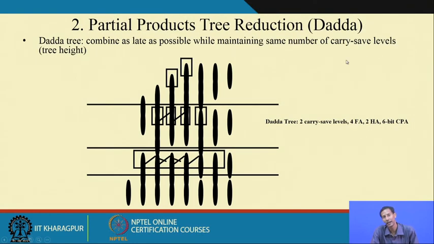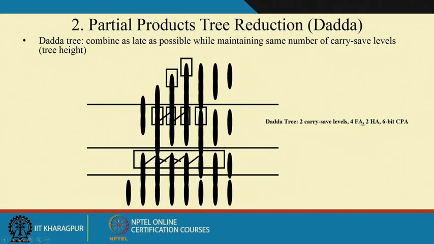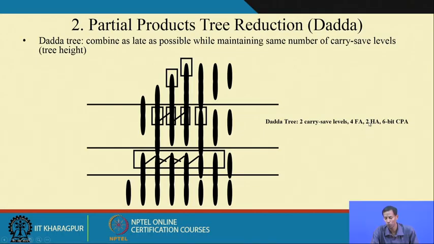If I use the Dadda tree method, you have to add as late as possible. In the Wallace tree, as soon as possible we are adding, but in the Dadda tree method, as late as possible we are adding. There are also 2 carry save levels. Along with that I have to use 6 adder cells, 4 full adders and 2 half adders, and a 6 bit carry propagate adder.